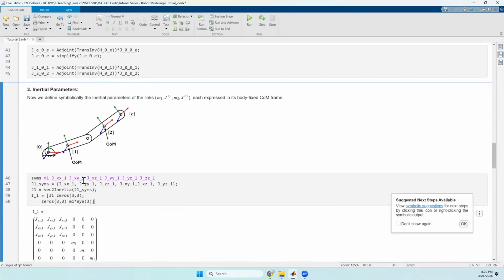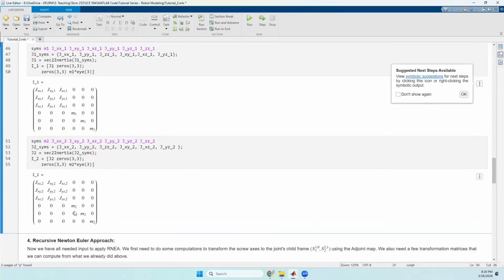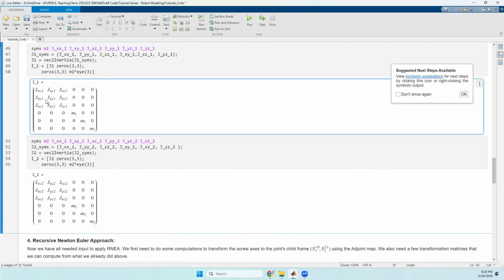This is the expression of the 2 inertias. We have the mass of link 1 and mass of link 2 multiplied by the identity matrix in the bottom right corner. In the top left corner, we have the moment of inertia matrix of link 2 and of link 1. And the off diagonal parts are all zeros.